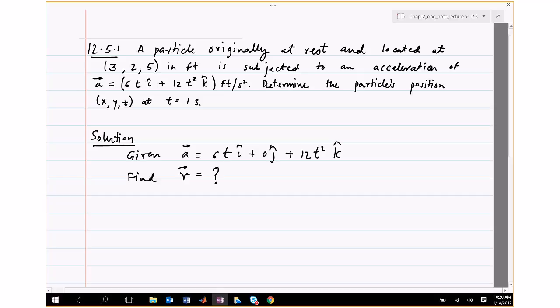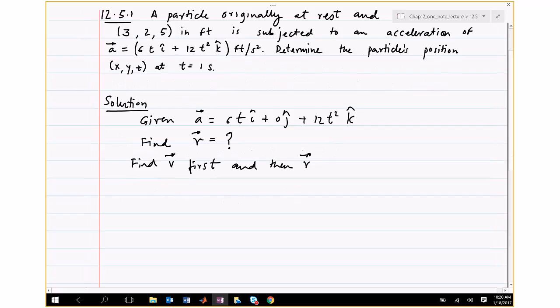So our strategy is to find v first, and then r. dv/dt is a, and that is 60i plus 0j plus 12t squared k.